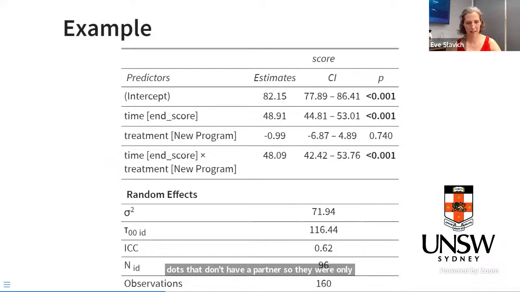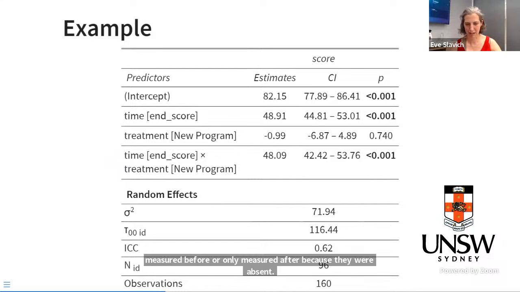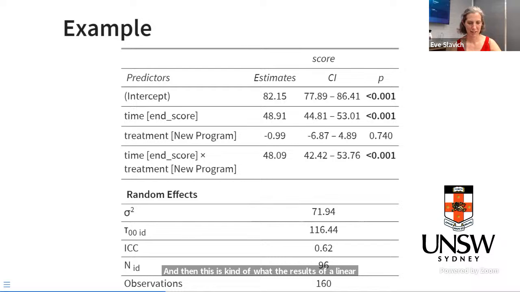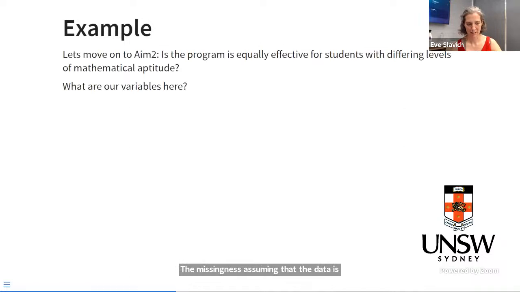And then this is what the results of a linear mixed model typically look like. And that's accounted for the missingness, assuming that the data is missing completely at random. So that's cool. Sometimes missing data is really easy to account for if you can make that assumption.